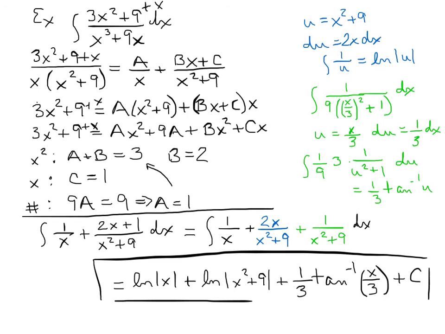So we decomposed. We had a degree 2, we needed a degree 1. We multiplied by that common denominator, multiplied everything out, looked at each one of the terms on each side, made an equation out of everything in front of x squared, an equation out of x's, an equation out of numbers, and we solved all of those for a, b, c, which was then plugged back into the integral.